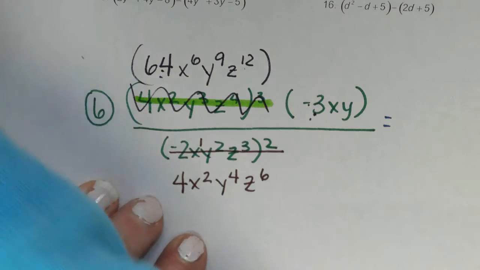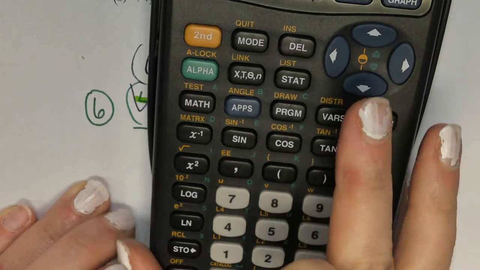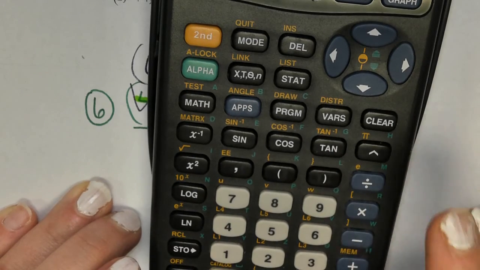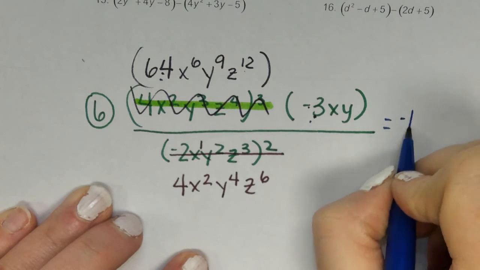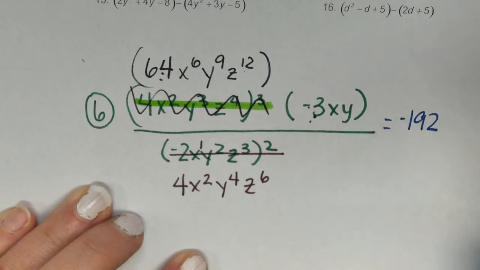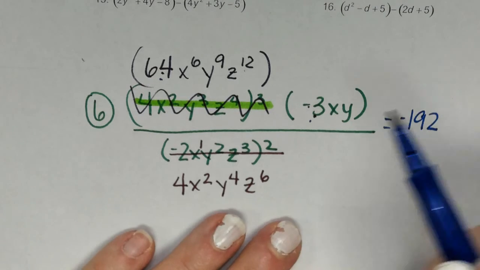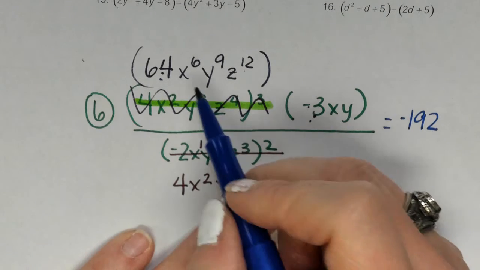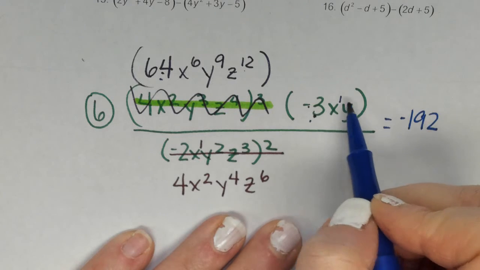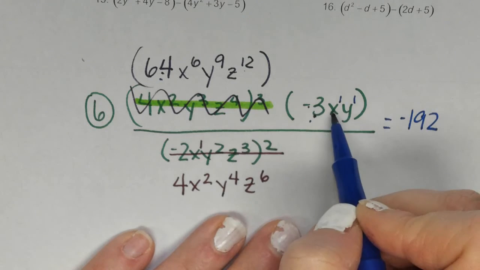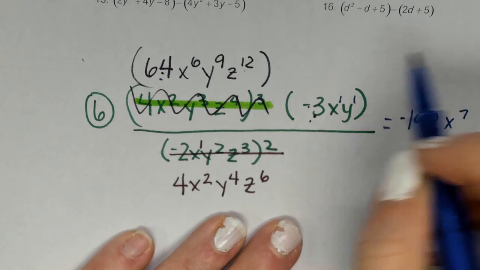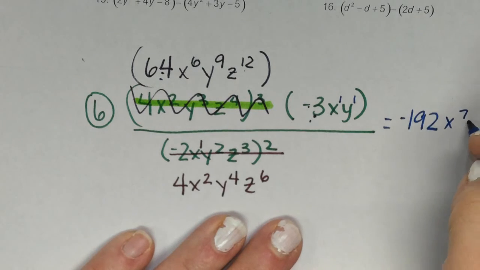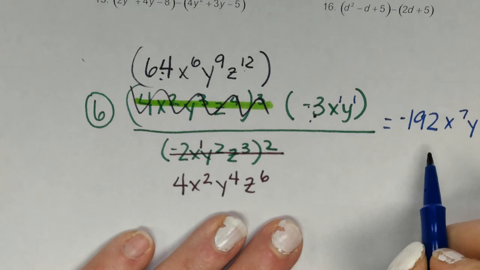That's going to give us, if we do that on the calculator, negative 192. Okay. So then we have a 1 and a 1 here. So we're just multiplying, so we're going to add these exponents. We have x to the 6 and x to the 1 gives us x to the 7. A y to the 9 and a y to the 1 gives us y to the 10. And then there's no other z, so it stays z to the 12.